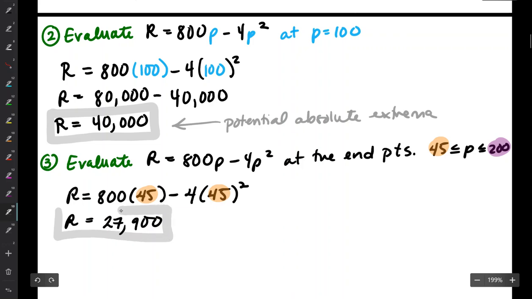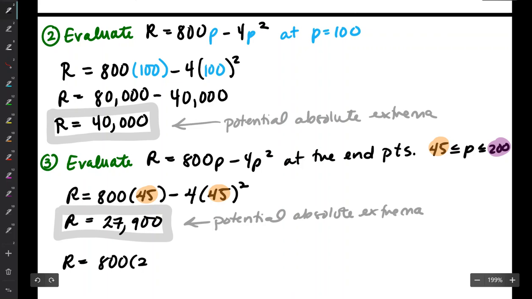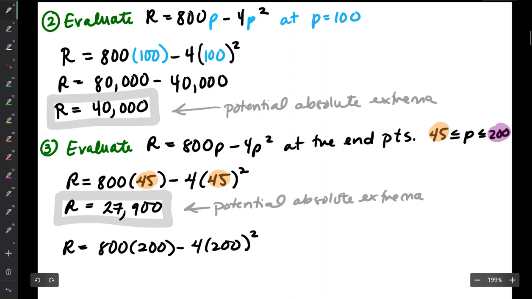That's a potential absolute extrema. And now evaluating the revenue at 200, we get 0.